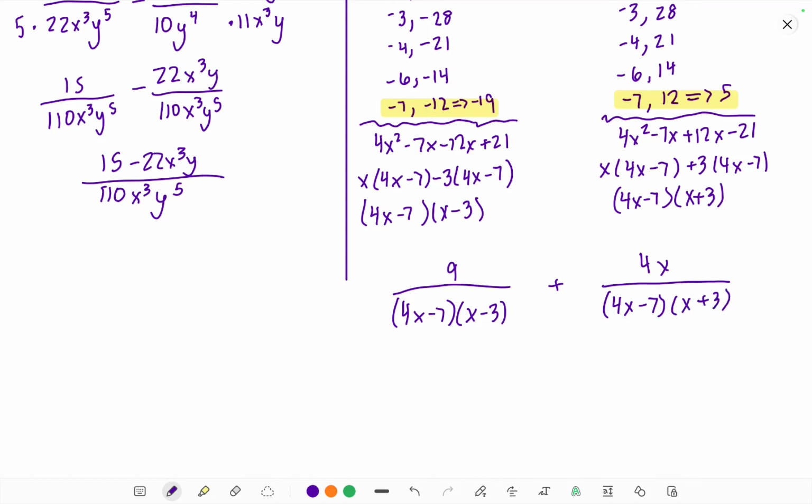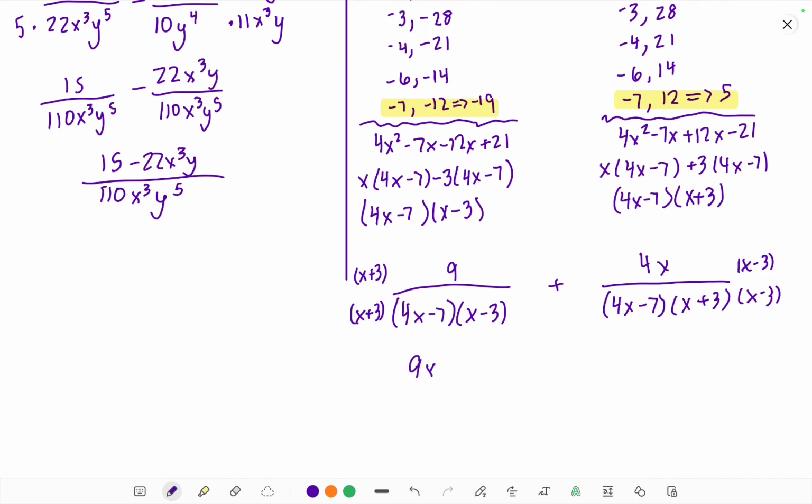Now the LCD will be (4x minus 7), because that's what they have in common, times (x minus 3) times (x plus 3). So I need to multiply this one by (x plus 3) over (x plus 3). And this one I need to multiply by (x minus 3) over (x minus 3).